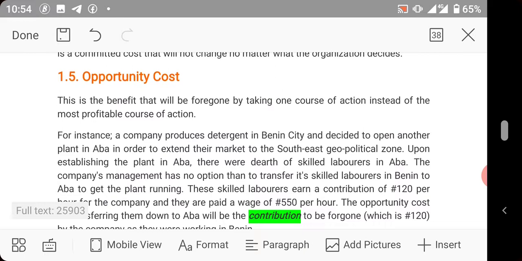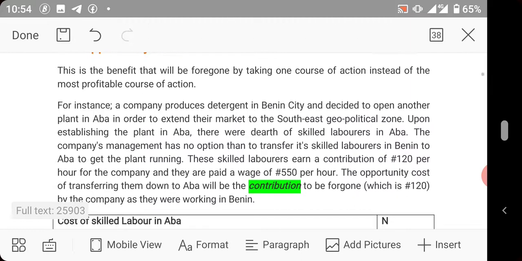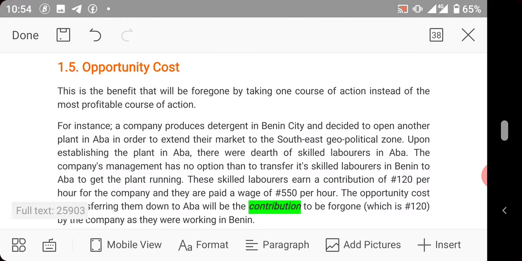Now, to break it down, let me just use an example. Say I have a business. I'm in the detergent industry, and in that industry I have carved a niche for myself in the liquid soap industry.